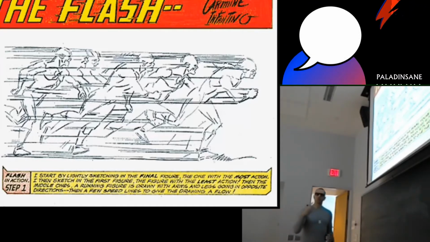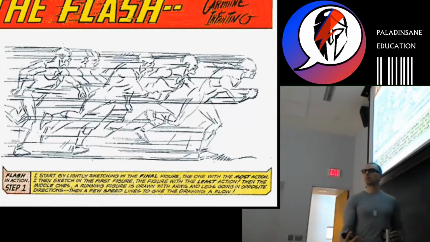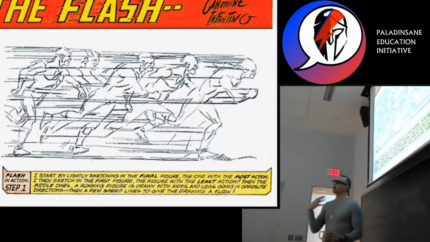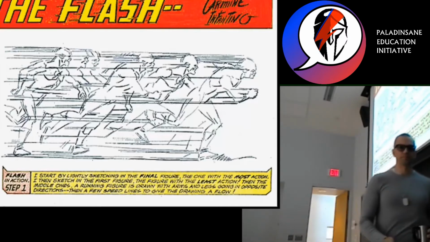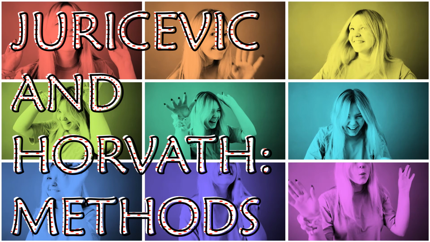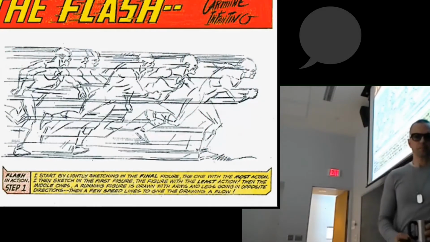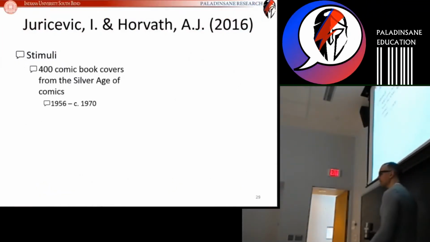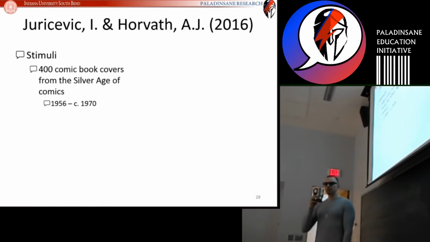And we literally went through about 400 covers and coded for motion in each of those covers. The stimuli that we used were 400 comic book covers from the Silver Age of comics.